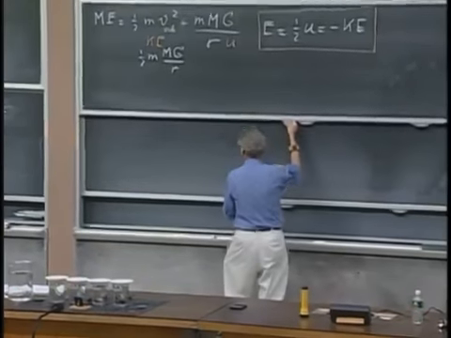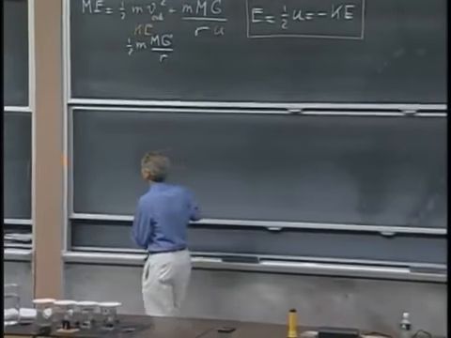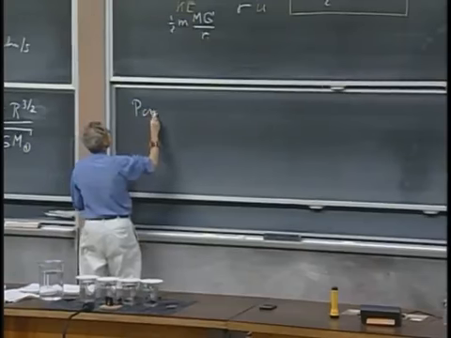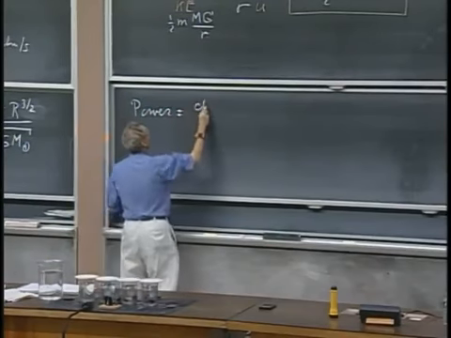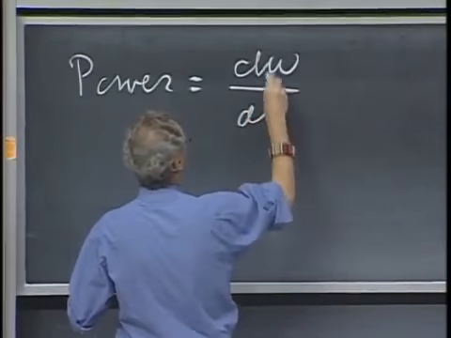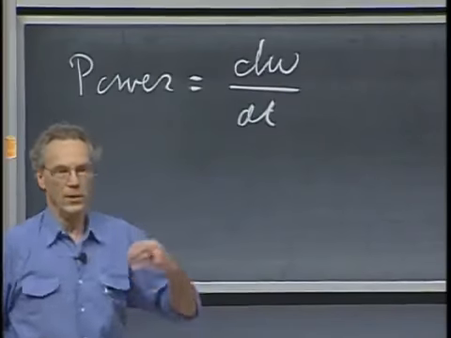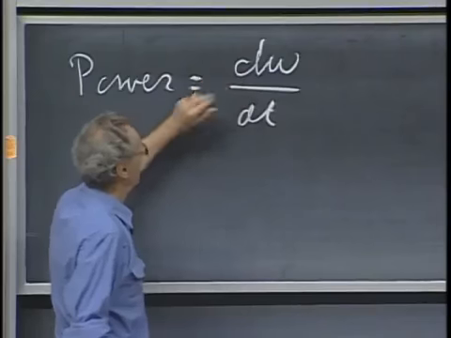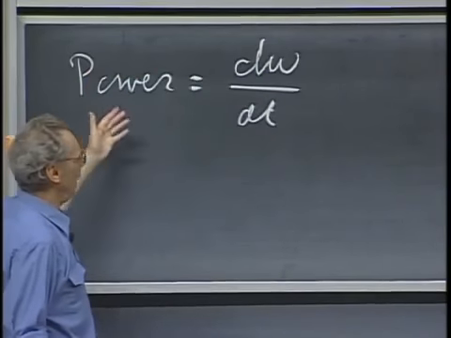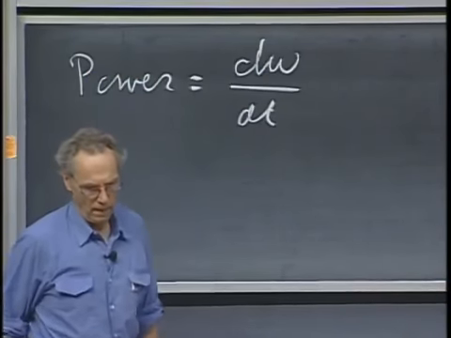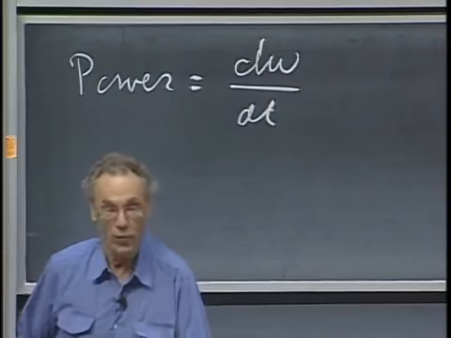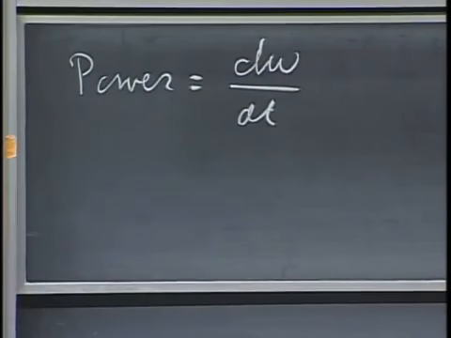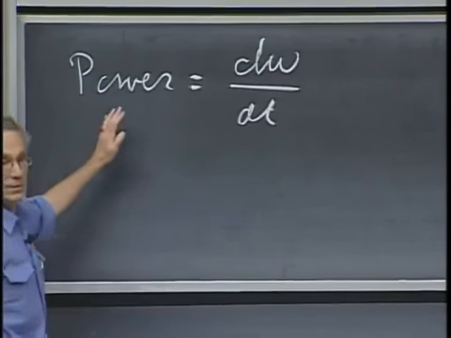What is power? Power is work that is done in a certain amount of time. dW/dt, if W is the work, is the instantaneous power at time t. We also know power in terms of political power. That's very different.